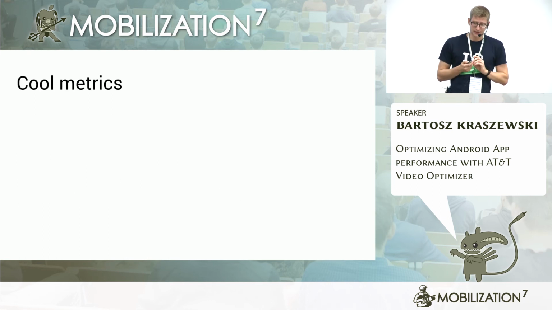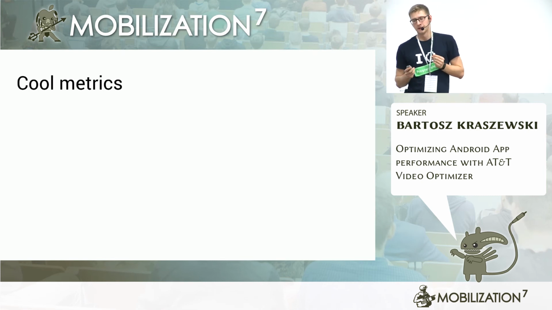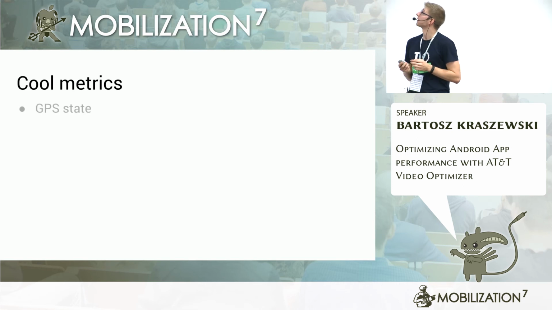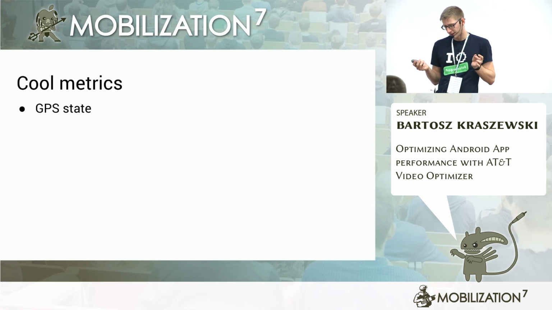And during the testing, what you get is a testing report that can be saved to PDF, telling you which tests you failed and which you passed. You will also see a lot of debug data. During the testing, the CPU state, for example, or GPS state is recorded.